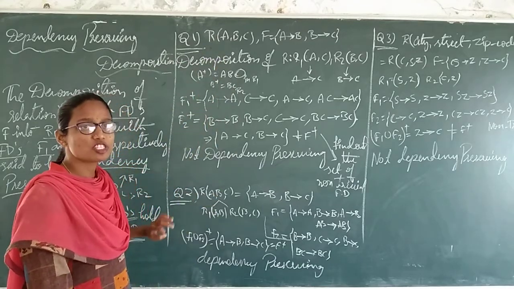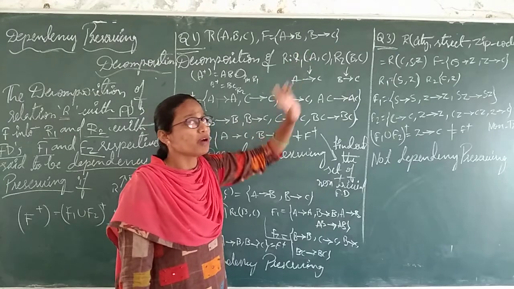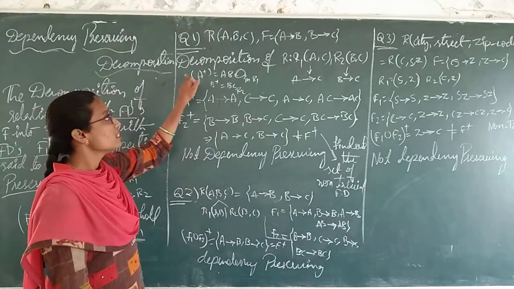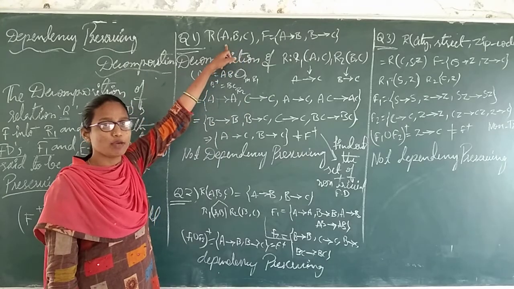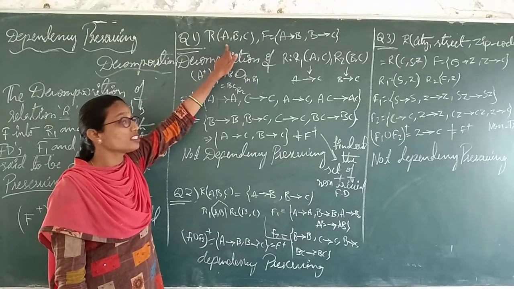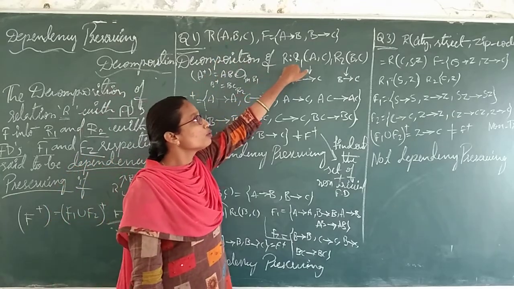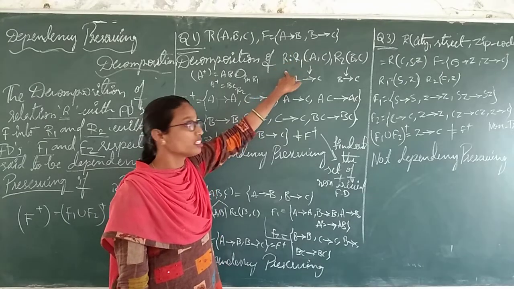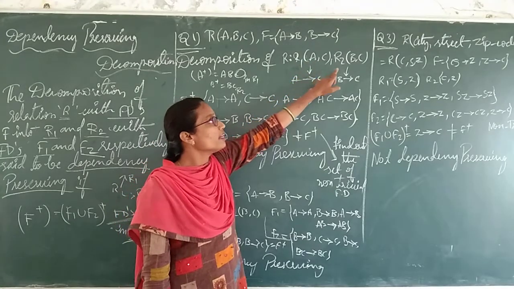The functional dependencies F are: A determines B, and then B determines C. We decompose this relation R into two relations, R1 and R2.